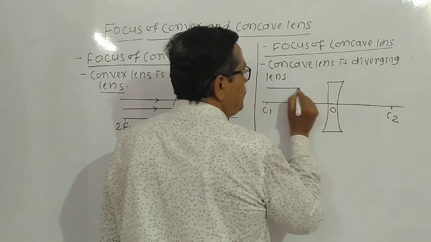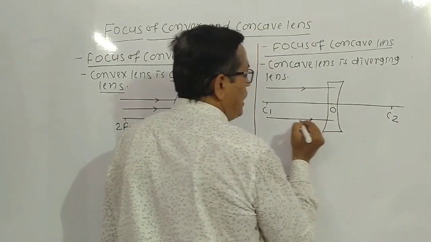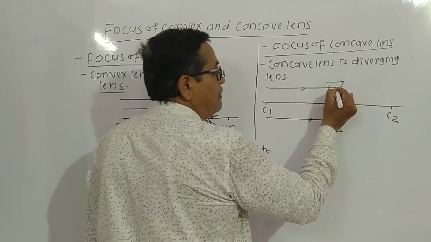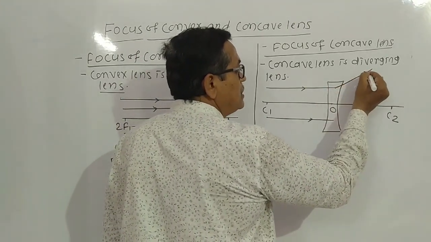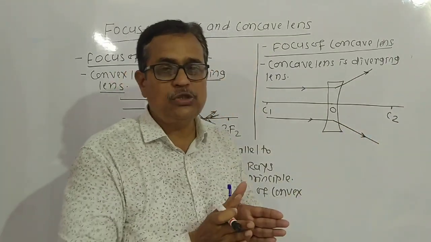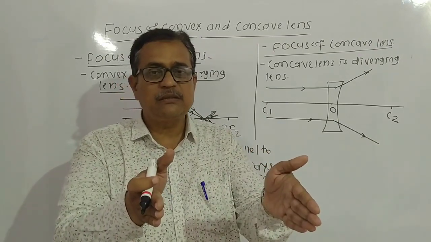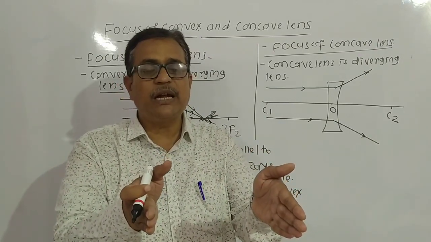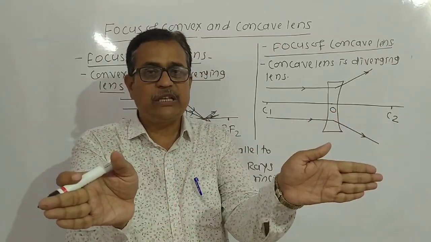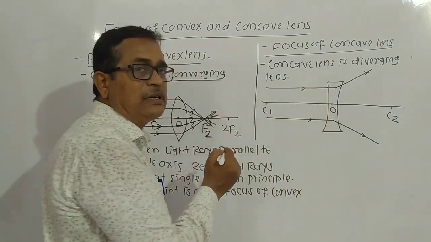Light rays parallel to principal axis come in this way, and concave lens is a diverging lens, so the light rays diverge from each other. The refracted rays go away from each other. Light rays parallel to principal axis, after refraction, diverge from each other. In this way concave lens is a diverging lens.